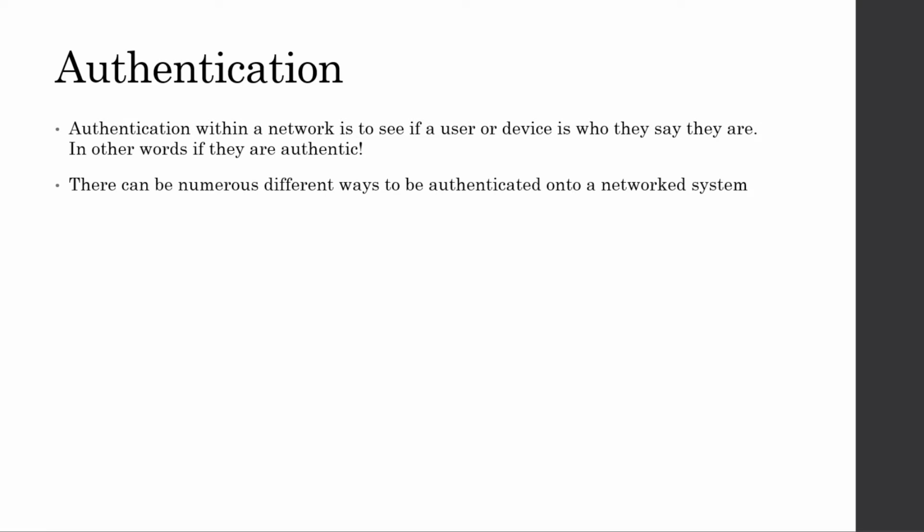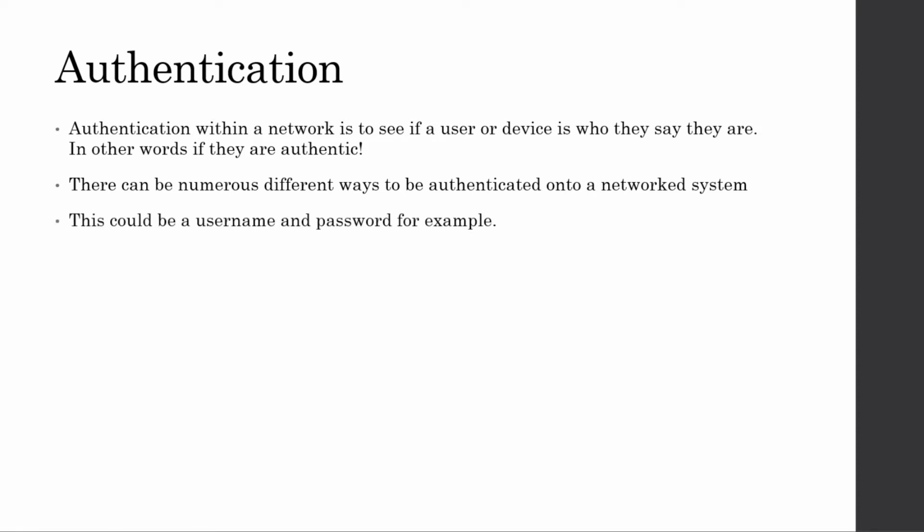There are a number of different ways to authenticate onto a system. There is no perfect way. There are things put in place to stop impersonation, because it's hard to prove that you are who you say you are online, as a lot of it is done through passwords or usernames. But anybody can use your password and username if they've stolen it, for example.